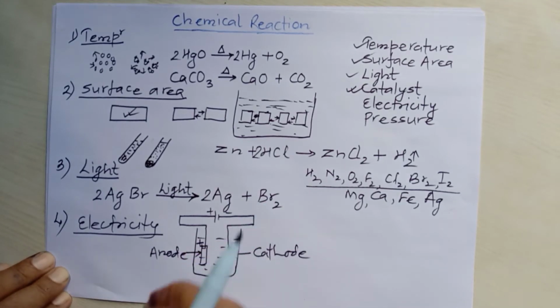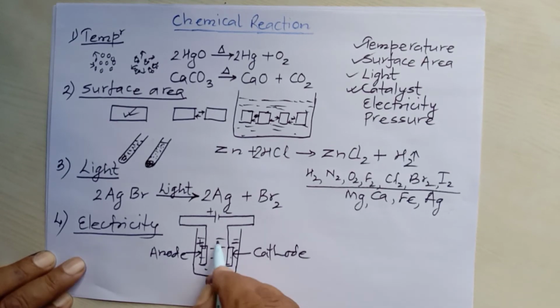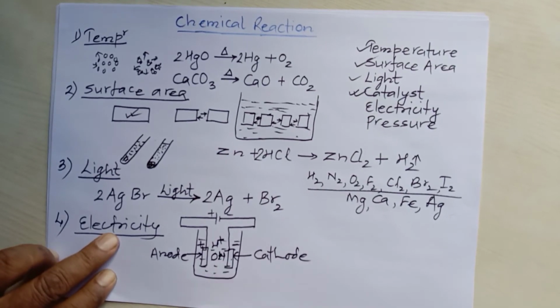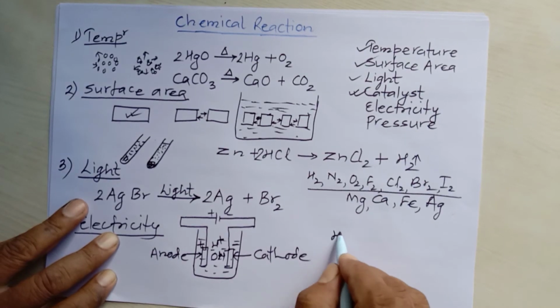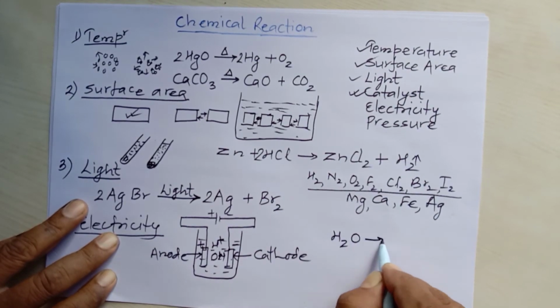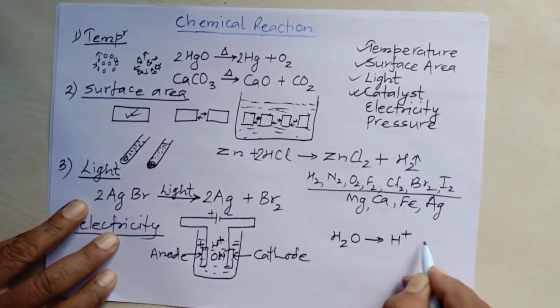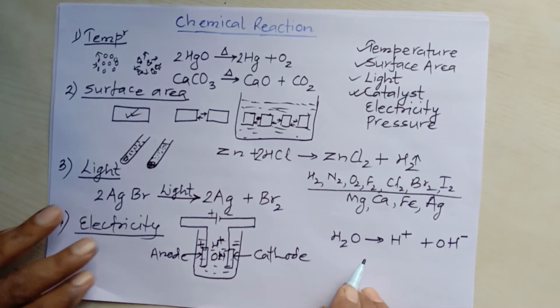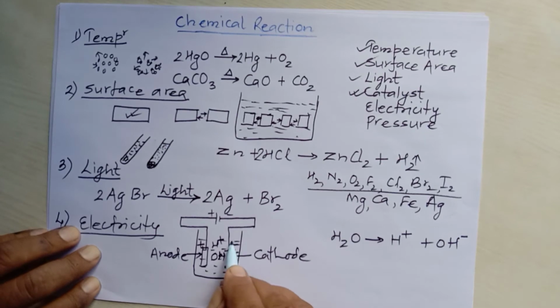Because of the supply of electricity, what happens now? Ionized water produces hydrogen ion and hydroxyl ion. Now the positively charged ion moves towards this negatively charged plate, which is connected to the negative terminal of the cell, the cathode.